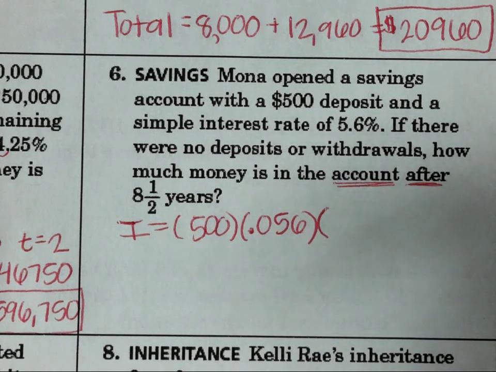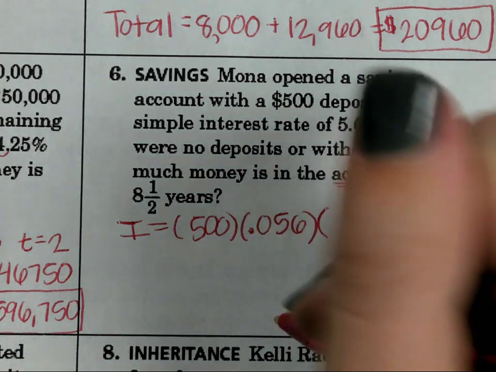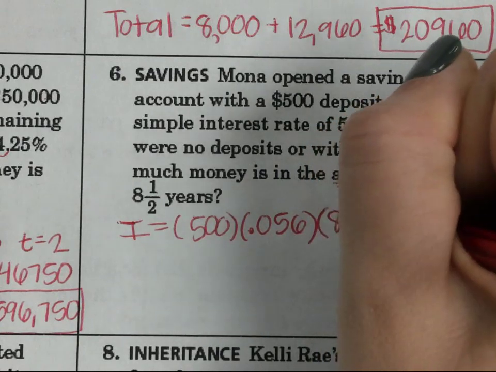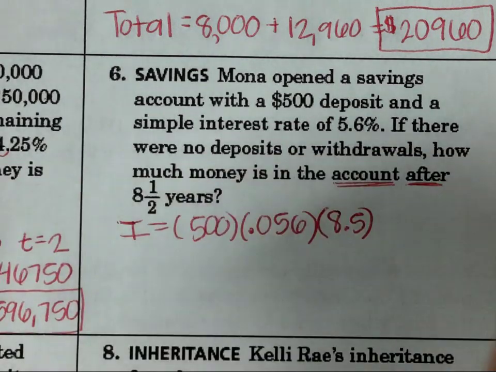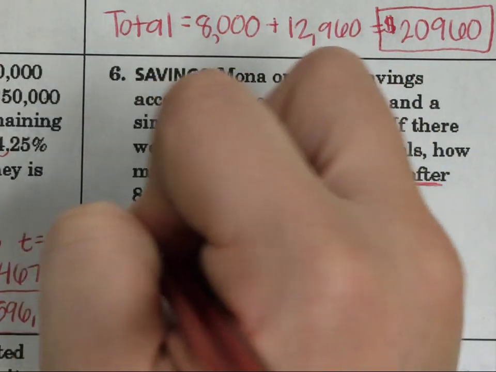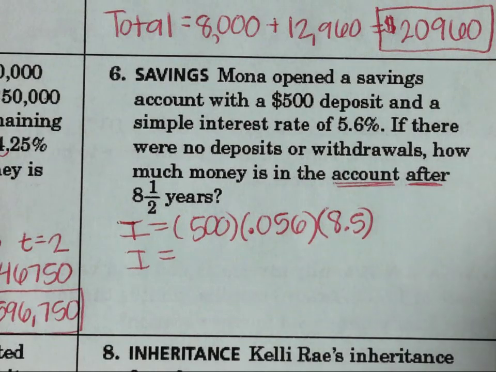I'm going to change that to a decimal because I think it's easier to punch a decimal in than a mixed number. So what is 8.5 as a decimal? 8.5. We should all know these decimals from our fraction to decimal memorization test. So what is my simple interest?